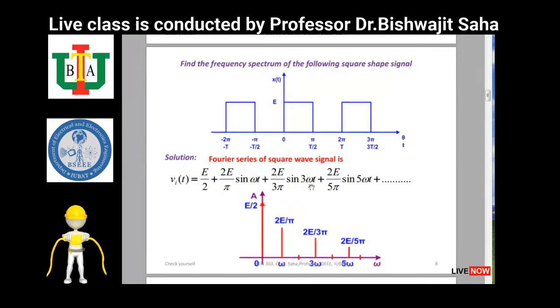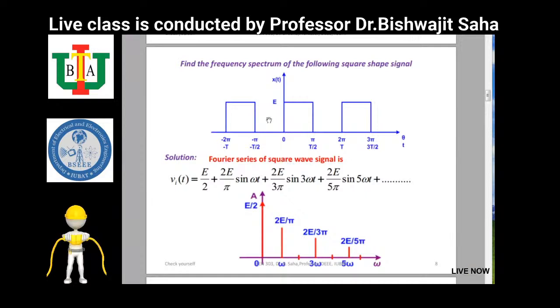Here is one example in slide number 8. We have done earlier a square wave DC signal. So what is the frequency spectrum of this signal? We have represented it here.